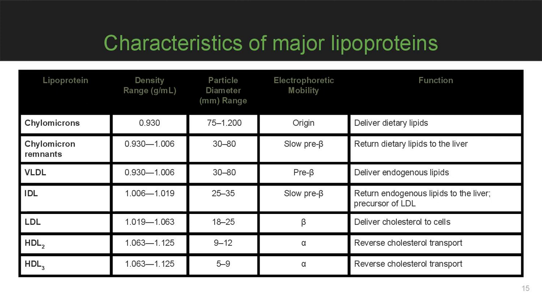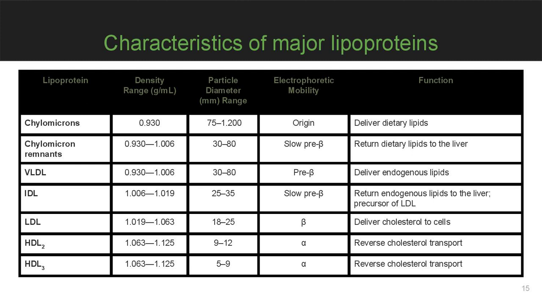Very low density lipoproteins are produced by the liver and they transport endogenous lipids. After conversion into intermediate density lipoproteins and low density lipoproteins, they transport cholesterol or precursors of cholesterol to organs which use cholesterol for synthesis of specific components of membrane, free cholesterol, or they use cholesterol for synthesis of different hormones.